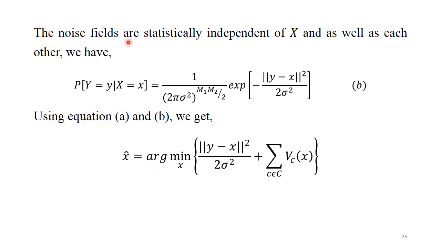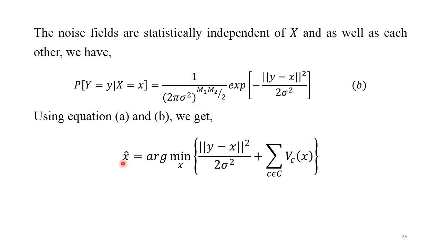Now the noise fields are statistically independent of x as well as of each other. Therefore we are going to have this Gaussian component. So p of y given x is equal to this representation. Now substituting this in the previous equation and making the solution, we get this one.